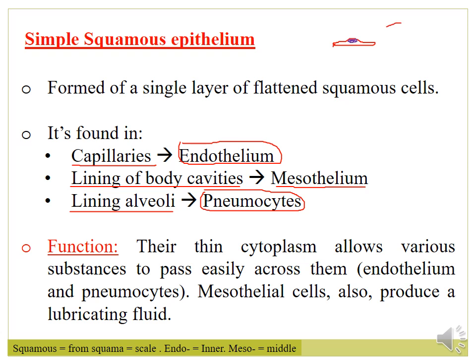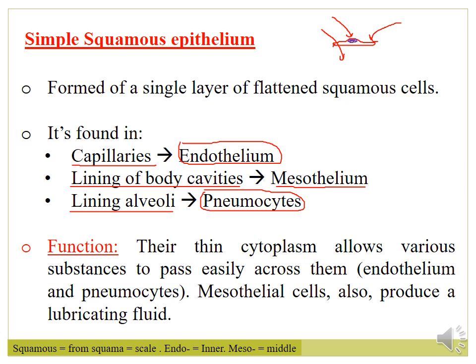This is the cytoplasm, and bulging from one side is the nucleus. As you can see, the cytoplasm is very thin. Because it is thin, substances can easily pass through the cytoplasm. This is why we find this type of epithelium in capillaries and in the alveoli.